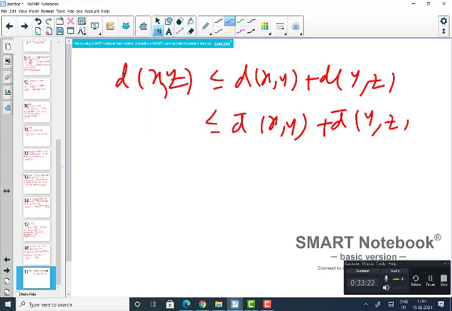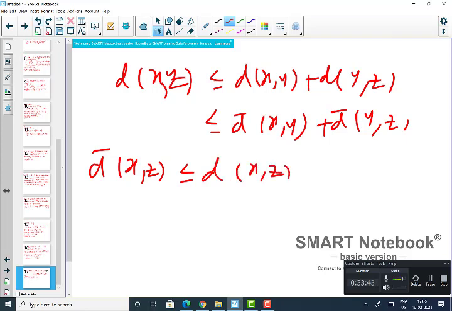But what is the relationship between d and d bar? Now you see d bar is the minimum of that thing, so d bar of x z is less than or equal to d of x z.